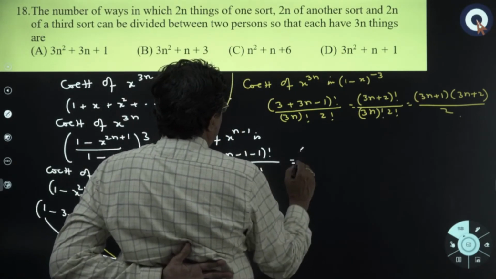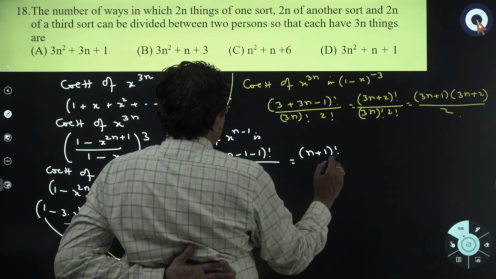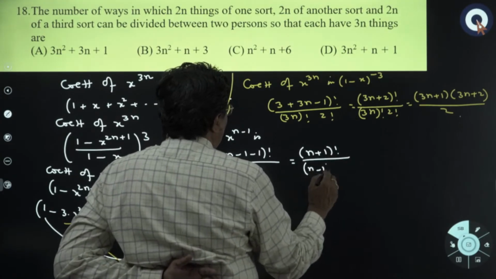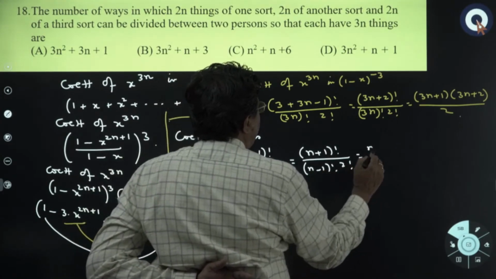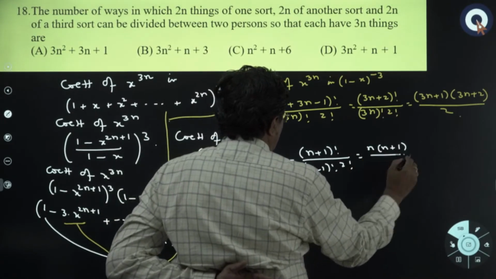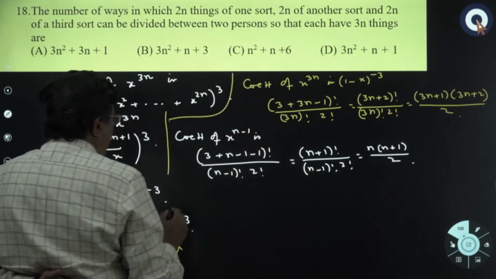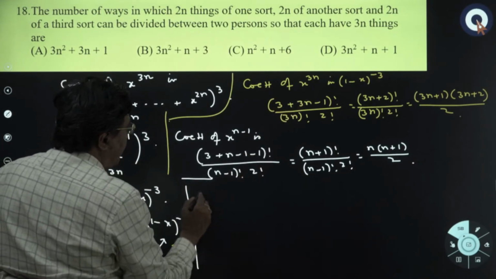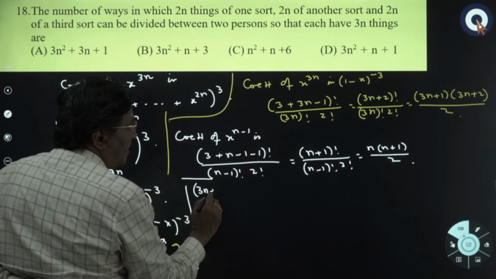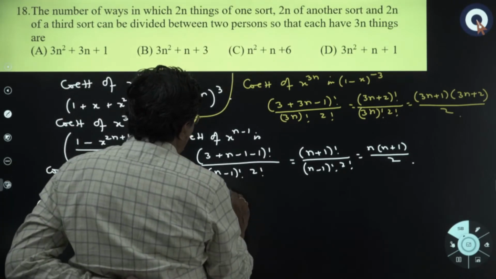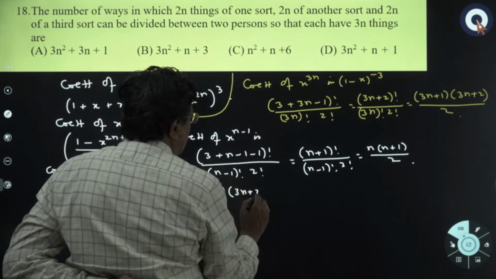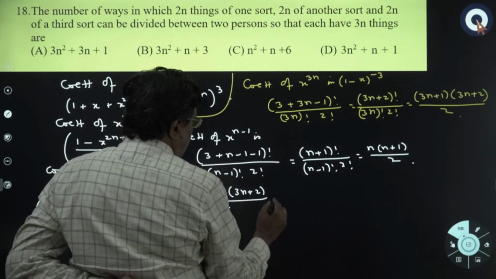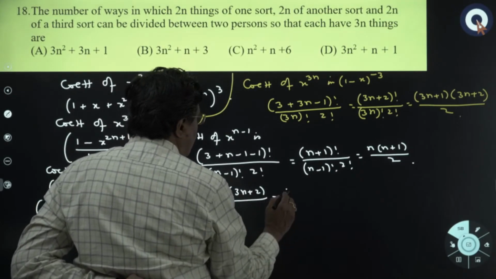So this is (n plus 1) factorial by (n minus 1) factorial into 2 factorial, which becomes n into (n plus 1) by 2. So the final answer will be 1 into the first one, which is (3n plus 1) into (3n plus 2) by 2, plus minus 3 into the second one.